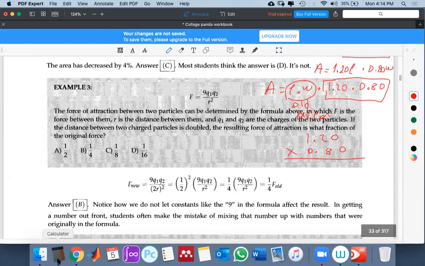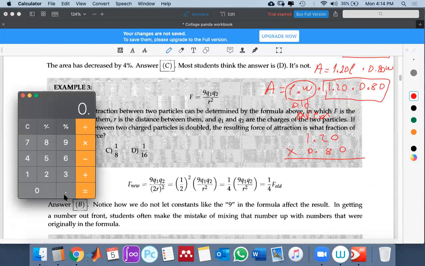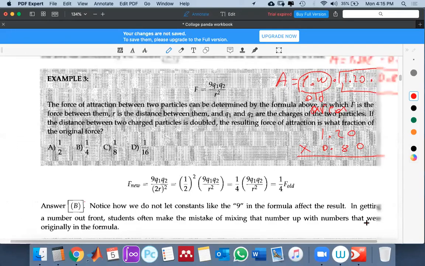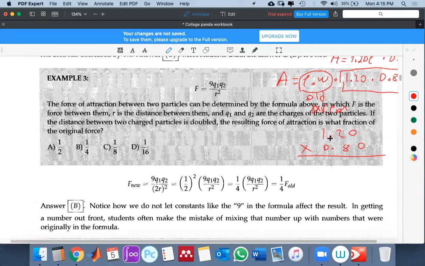Yeah, calculator. 1.20 times 0.80. It is 0.96. Now, this is 0.96. So the new area is area old times 0.96.